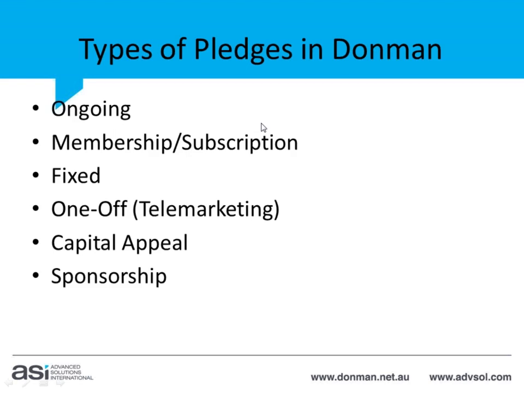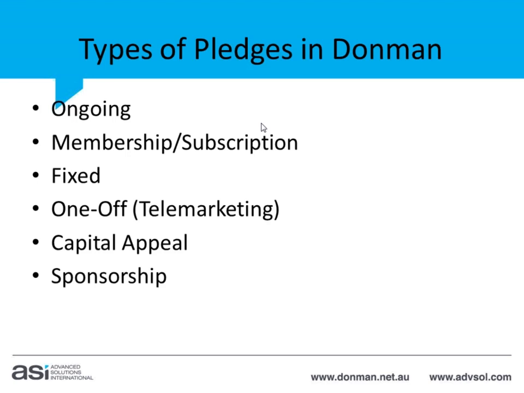Now, the kinds of pledges we have in Donman, we've got ongoing pledges. An ongoing pledge is one that the person signs up for and says, take some money out of my bank account or through a credit card, or just remind me once a month about it, and it's going to be so much a month or a year, and the pledge just keeps going until the person says, no, it's gone.